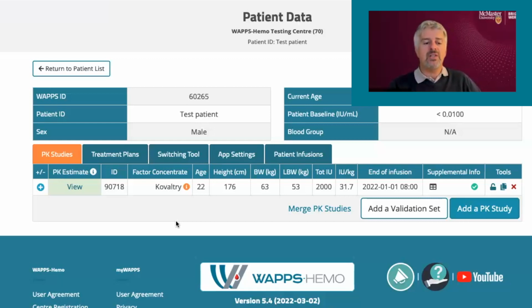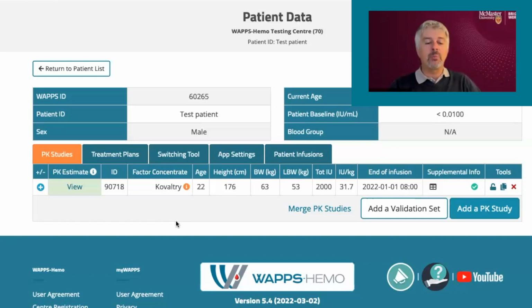And we know that patients respond differently to different concentrates, so it's not completely predictable how they will perform on a new concentrate. But let me tell you like this: if you use the switching tool, you will see the likely profile, so the likely half-life, of a patient going from a known profile on a known concentrate to the new one.